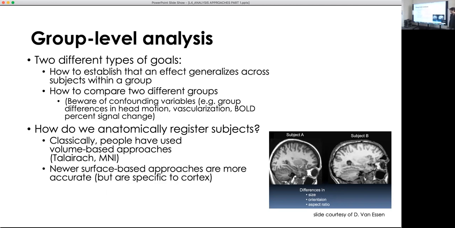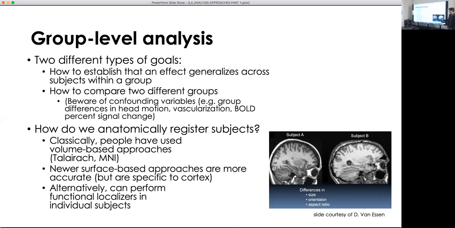And just to remind you, there are other ideas. If you're focused on cortex, you can trace out the surface and then nonlinearly warp these surfaces together, which theoretically is more accurate. And then, of course, there are other approaches, like actually finding a real brain area in each subject, so you don't have to warp them to each other. You just know that something is something.